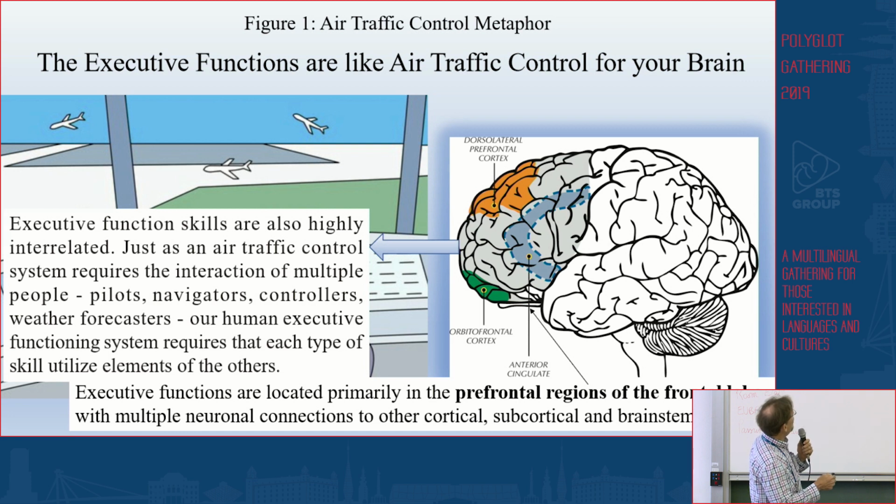Like a traffic controller has many things to handle: the pilots, navigators, controllers, weather forecasters, etc. In the same way, we need to use many different cognitive skills in the case of the executive function.